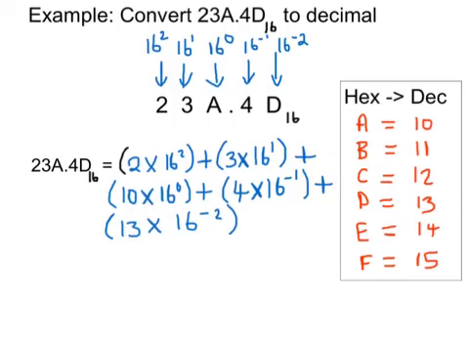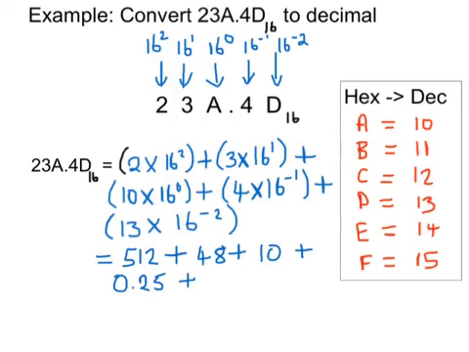When I work this out, what I get is 2 multiplied by 16 squared. 16 squared is 256. Multiplied by 2, I get 512. Plus 3 16s are 48. Plus 10 by 16 to the 0 is 10 by 1, and 10 by 1 is 10. Plus 4 by 16 to the power of minus 1, which turns out to be 0.25. And lastly, 13 by 16 to the power of minus 2. Again, you can either work it out using the power button on your calculator, or else divide 1 by 16 squared.